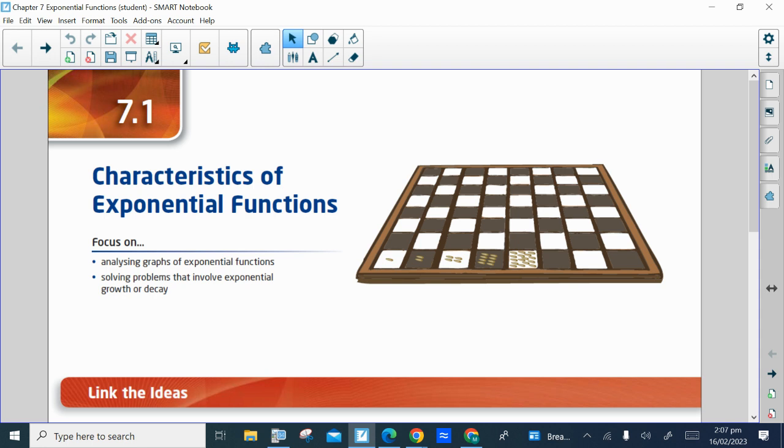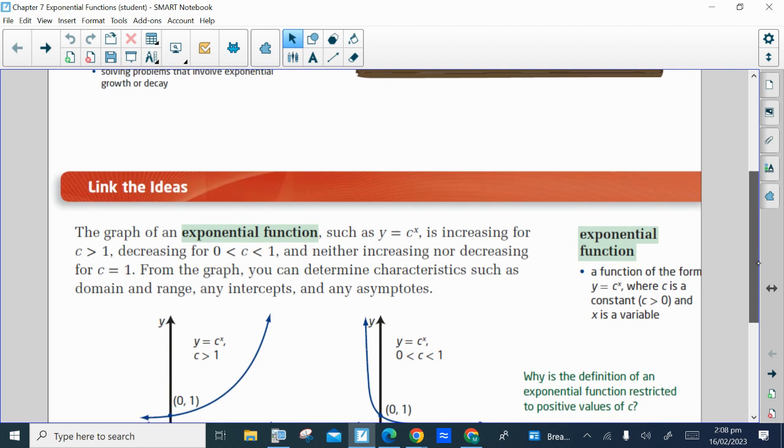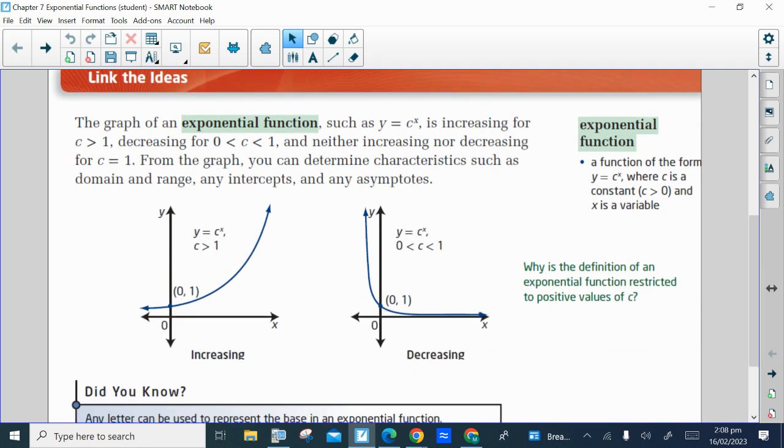But first, we're going to analyze graphs of exponential functions, and then we'll look at problems involving exponential growth or decay. The graph of an exponential function will have the form y equals c to the power x. It is an increasing function when the base c is greater than 1.